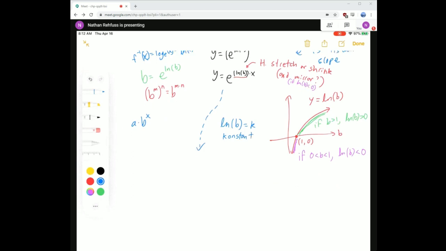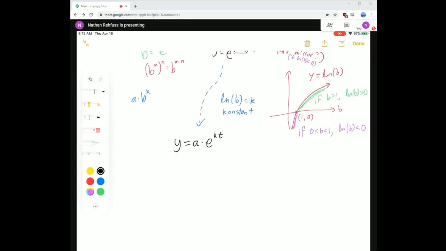So my final form, I'm going to add that a in. I'll call it y equals a times e to the k t. And this is going to be how we're going to write these functions. And this right here is going to be the single function that gets us almost all of our exponential growth and decay models.